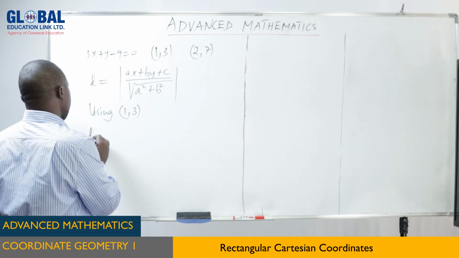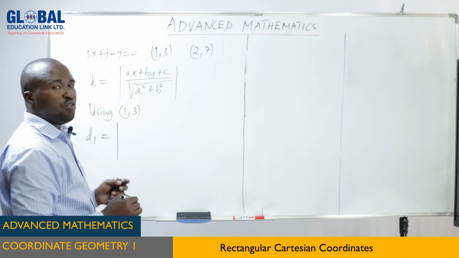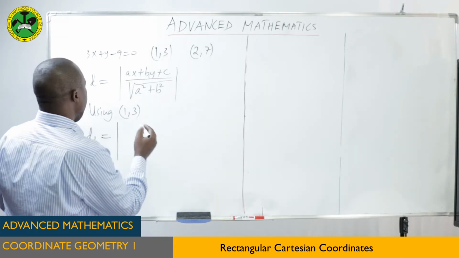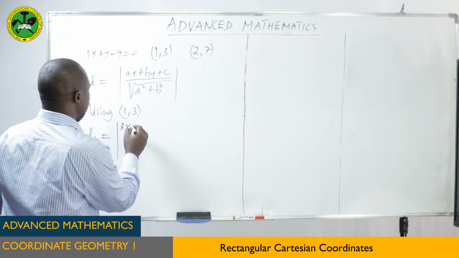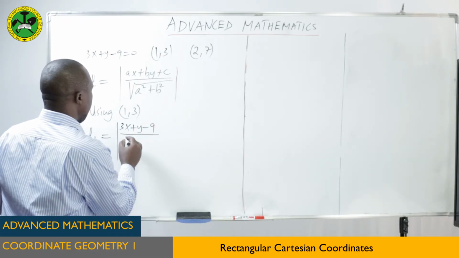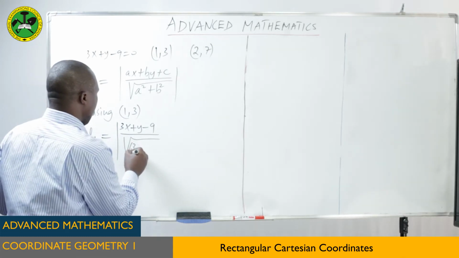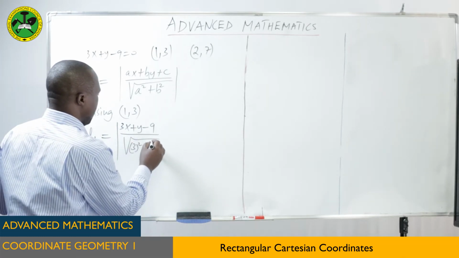So d1 is equal to the absolute of 3x plus y minus 9 over the square root of 3 squared plus 1 squared.